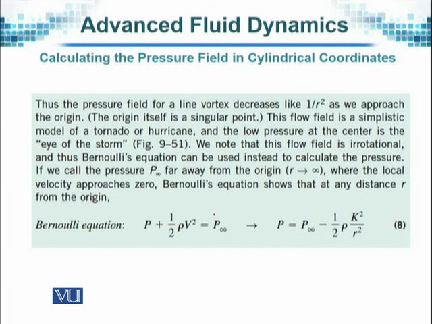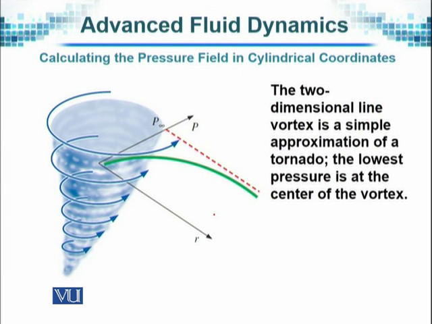The absolute value of P does not really make any contribution, and you can see Bernoulli's equation also being identically satisfied for these conditions. The two-dimensional line vortex, in the end, is a simple approximation of a tornado.